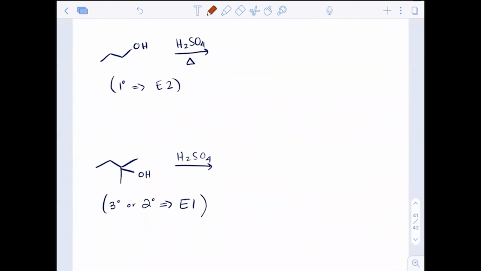Let's just again see for our primary, when we think about that water, I'm going to hang off one of the protons on H2SO4 so that I can see that we first do that proton transfer to make oxygen a better leaving group.